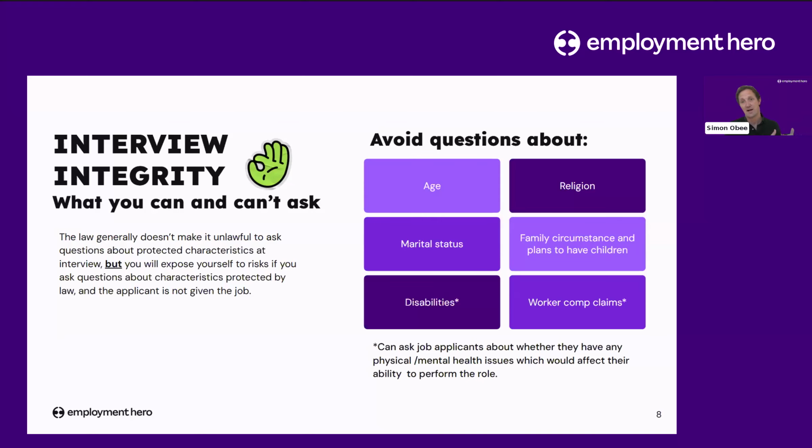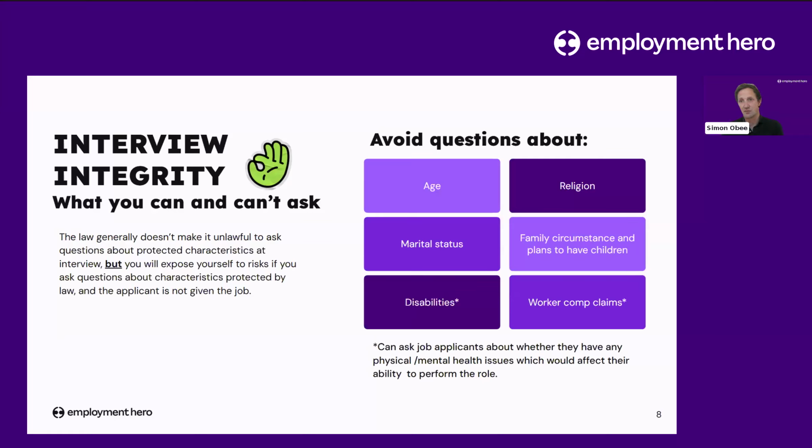Because if you have obtained this information about a protected characteristic and it transpires that you don't offer that job applicant the role, it's very easy for them to assume and to make a claim that the reason they weren't offered the role was because they revealed information about a protected characteristic, and that can be very difficult for you to defend.